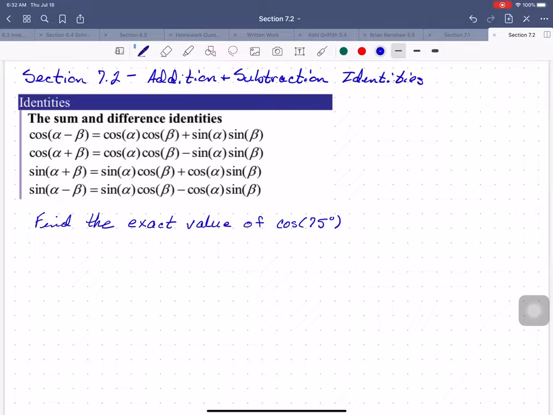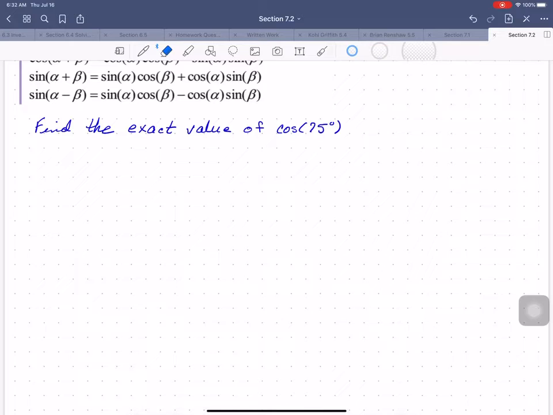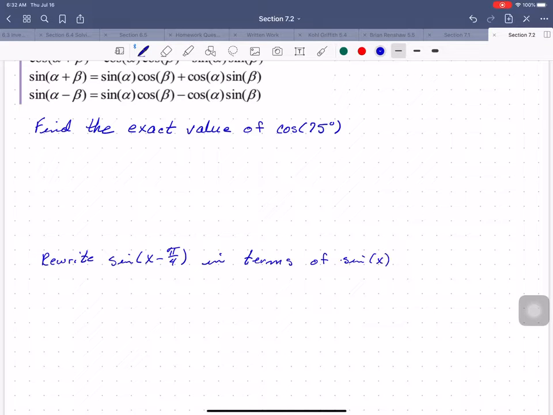The other example where you might have to use an angle sum or an angle difference identity would be if, on the way to solving an equation, you were asked to rewrite the sine of x minus pi over 4 in terms of sine x and cosine x.